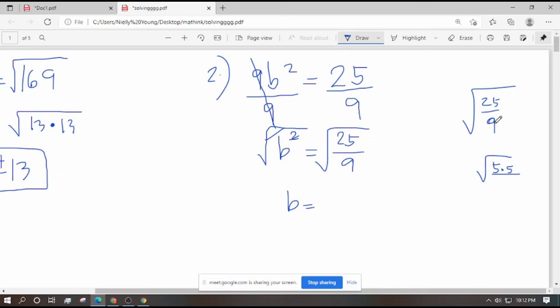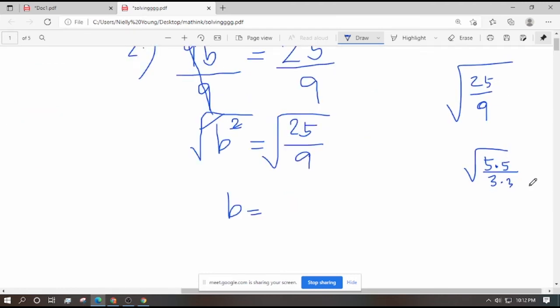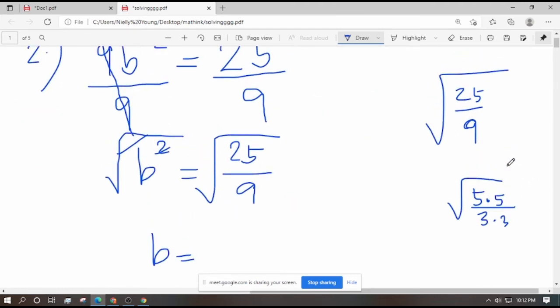And for 9, the same number that you multiply to get 9 is 3 times 3, right? So, 5 times 5 is 25. Then, 3 times 3, it is times, not point. 3 times 3 is 9.